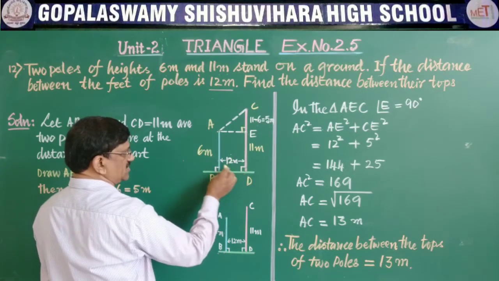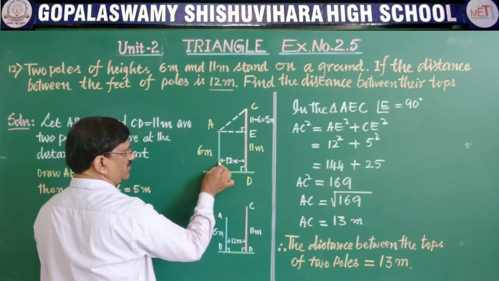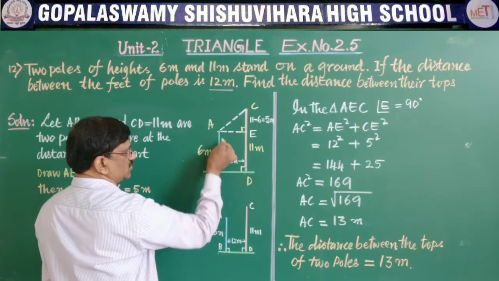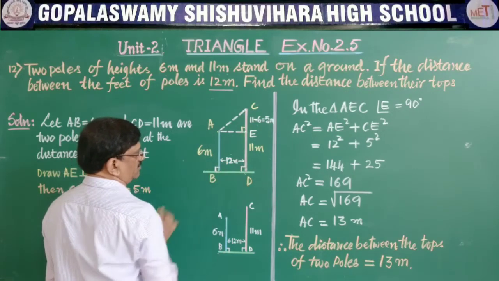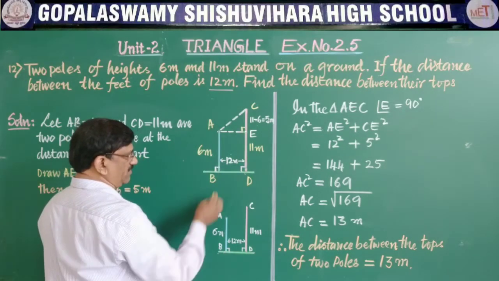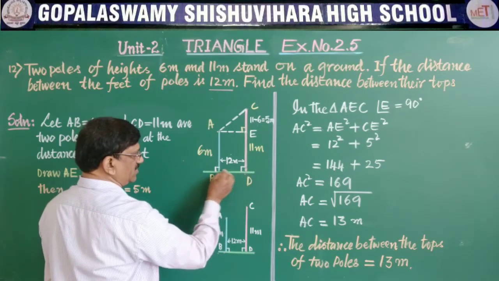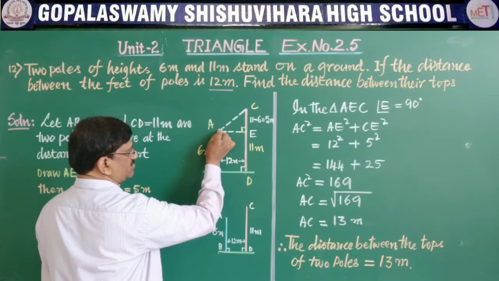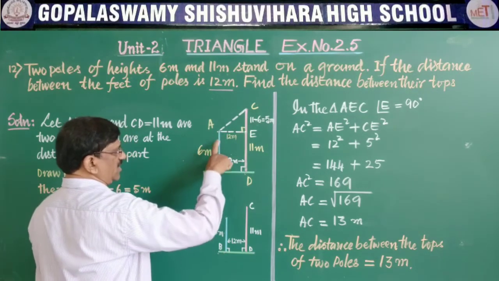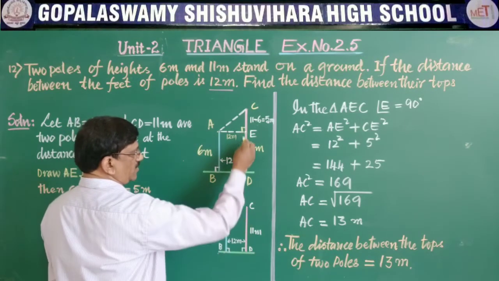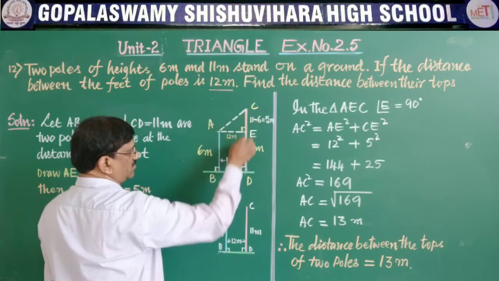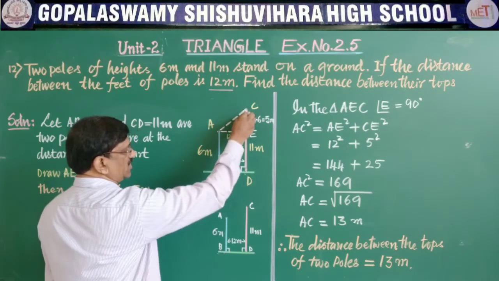Since these two poles are parallel to each other, if I draw a perpendicular from A to CD, that line is also parallel to BD. So BD is parallel to AE. That means the distance between these two is 12 meters, so the distance from A to E is also 12 meters. Here AB is 6 meters. If I take away this, that is ED, out of the length of 11 meters, then what is the length of CE?